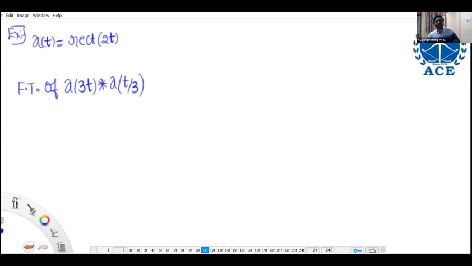Our style is A rect t by T. So we want the Fourier transform of X of 3t convolved with X of t by 3. This is an application of two properties, time scaling and convolution. Enjoy.